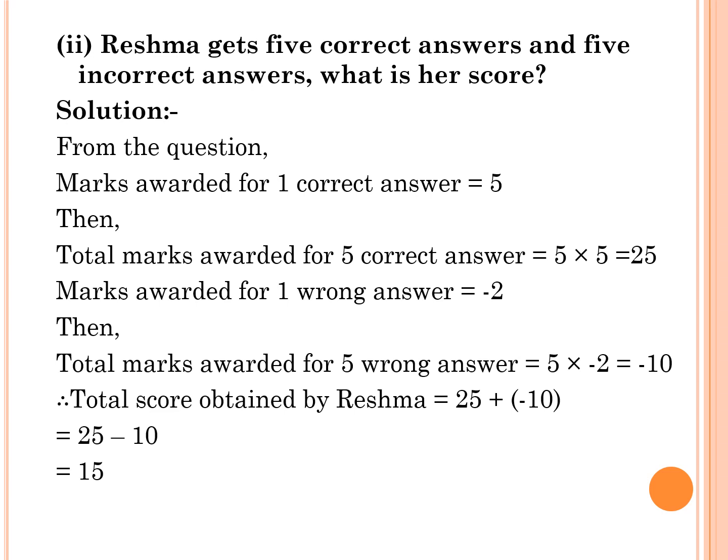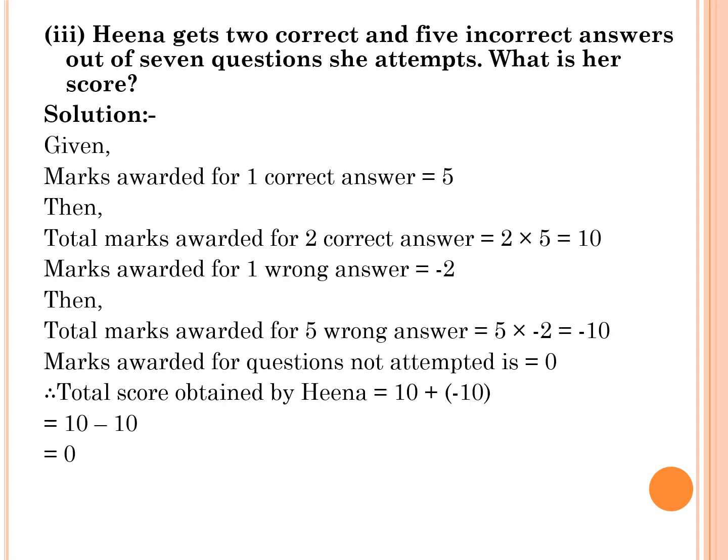Therefore, total score obtained by Reshma is equal to 25 plus of minus 10, which gives you 25 minus 10 is equal to 15. As you can see, she has given correct answers also 5 and wrong answers also 5. So, the score of Reshma is 15.